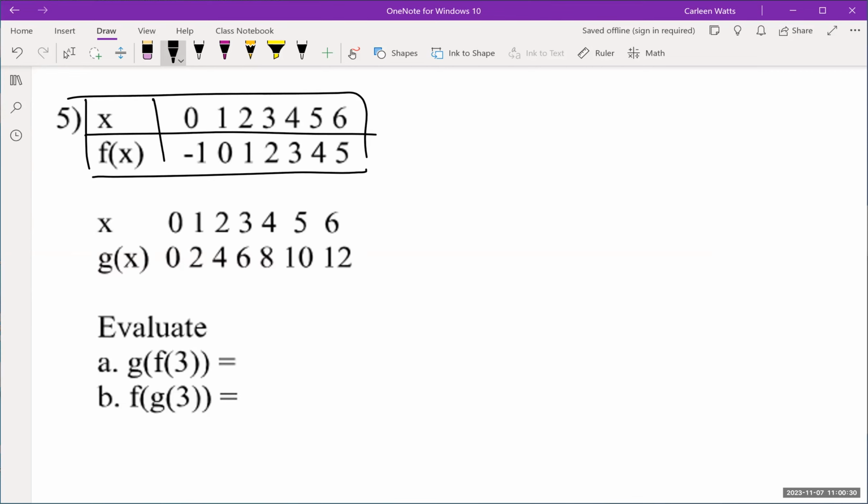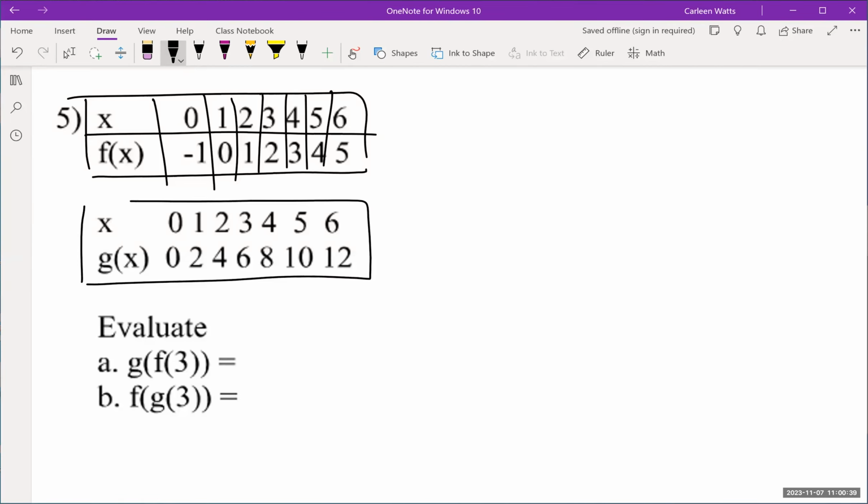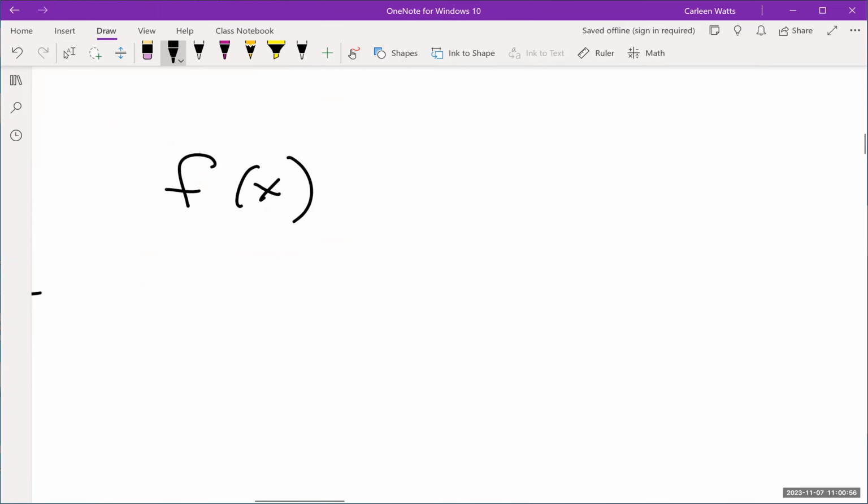Okay, this is a table, but I can't do a table on my little thing. F of X. We're still getting used to this new language. Only one of these is the variable. Which one is the variable? The F or the X?